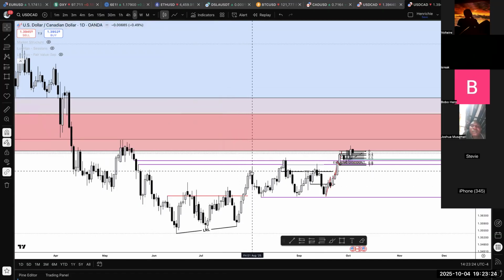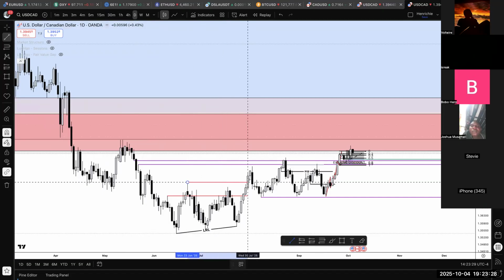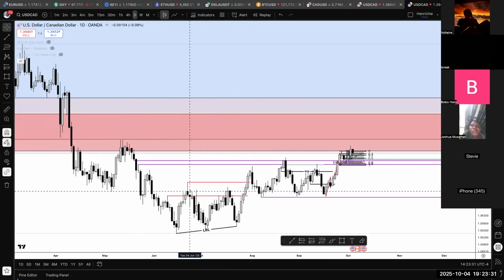Now, the reason this here is my break of structure is simply because it rallied and closed above this previous week's high. If it doesn't close above this area with the bodies, it's not a break of structure. It's potentially either a run on liquidity or just manipulation. In this case, it didn't close with the bodies. You can see the wicks, even though this bearish candle closed above, I don't regard that as a break of structure. I only want to see a bullish candle closure.